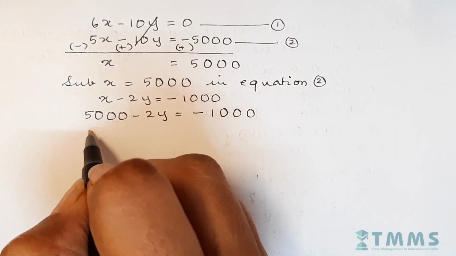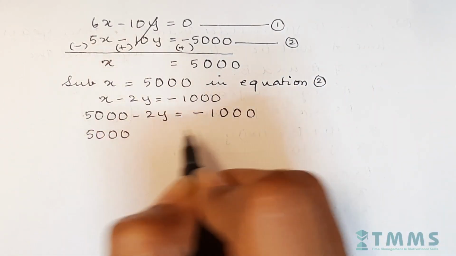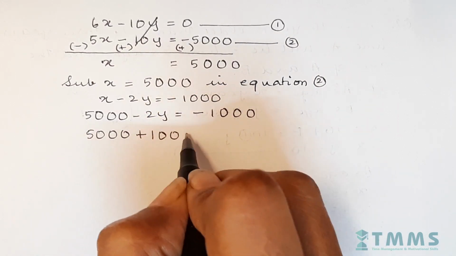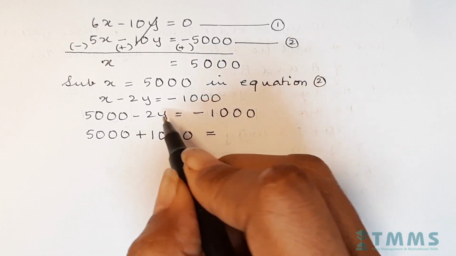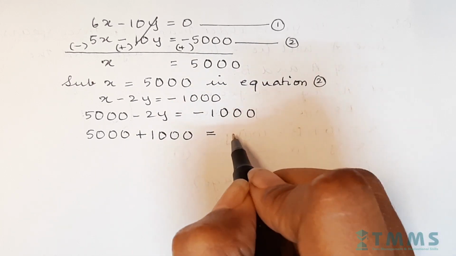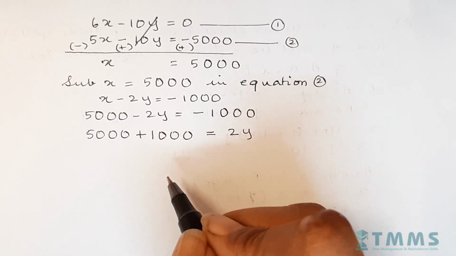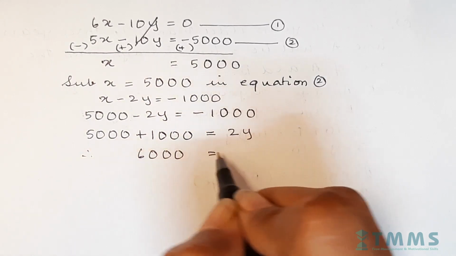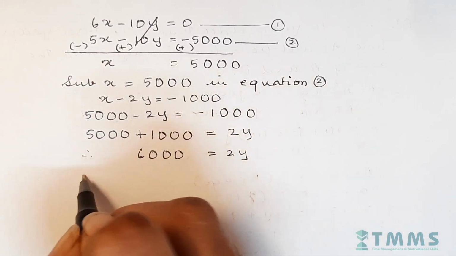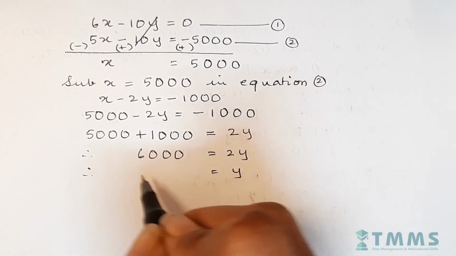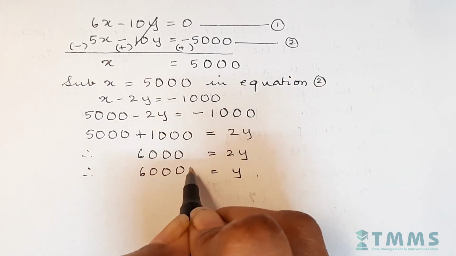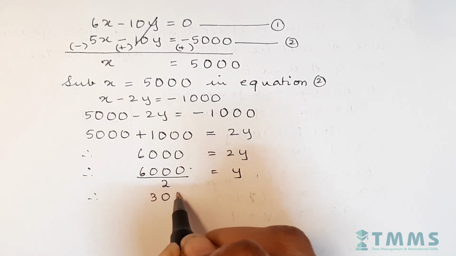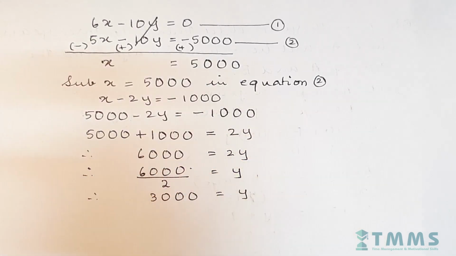And so you will see that 5000, this 1000 will transfer to the other side. It will become plus 1000, and that will be equal to this minus 2Y goes to the other side. It becomes plus 2Y. So we will have therefore 6000 is equal to 2Y, and therefore Y will be equal to 6000 upon 2, and therefore 3000 is equal to Y.